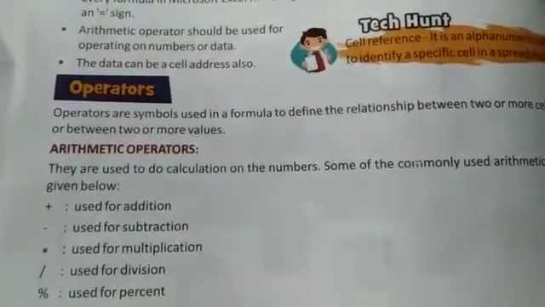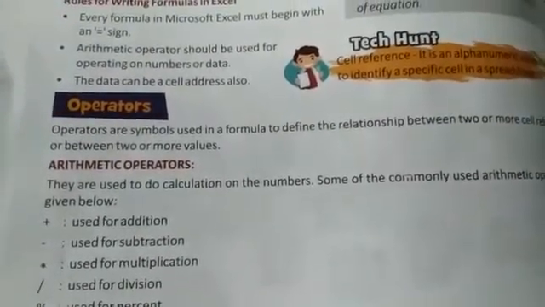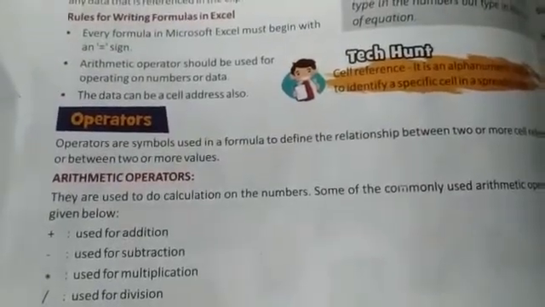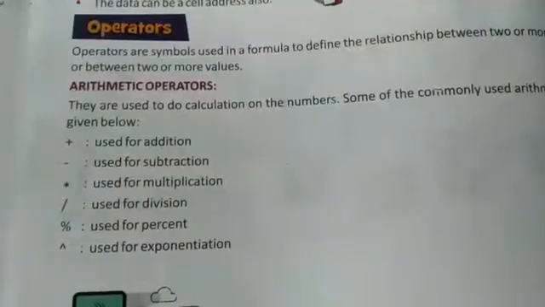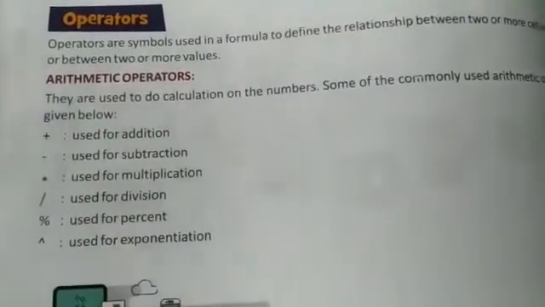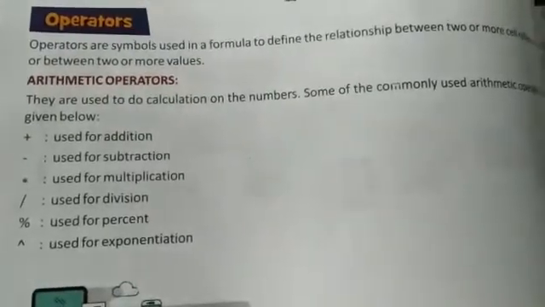Operators are symbols used in a formula to define the relationship between two or more cell references or two or more values. First, see arithmetic operators. These are used to do calculations on numbers.